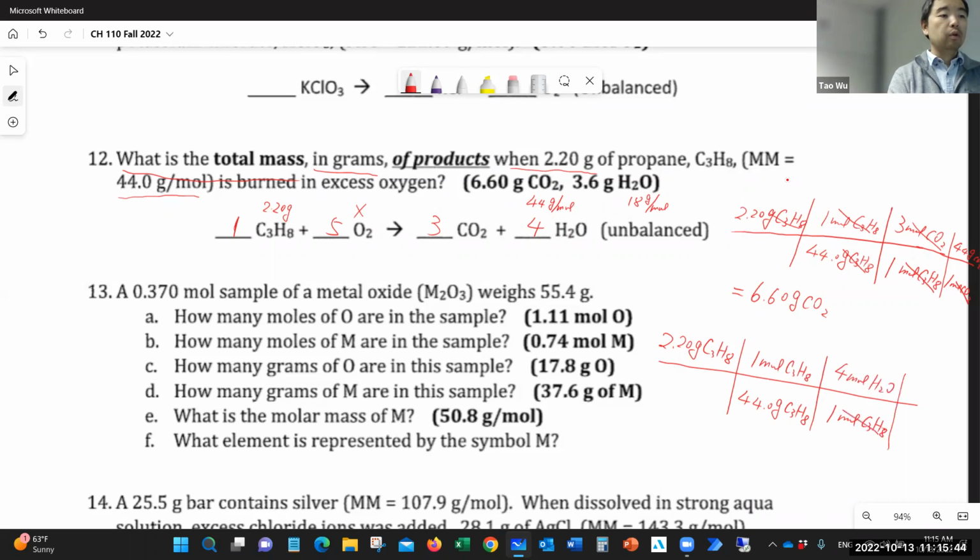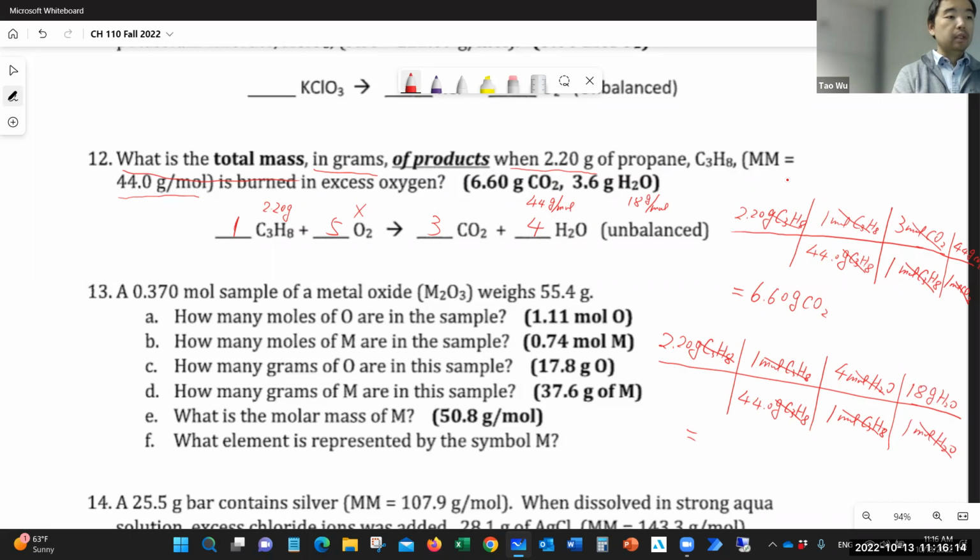Now moles of propane and grams of propane are canceled, and we get moles of water. Once you have moles of water, you multiply by the molar mass: 18 gram of water equals 1 mole of water. The moles of water are canceled, and you get a mass of water.